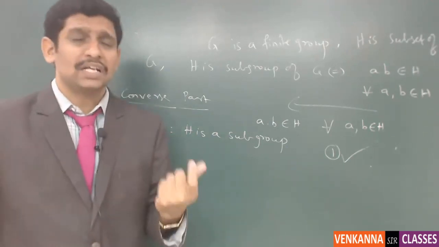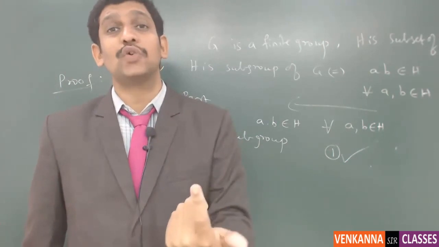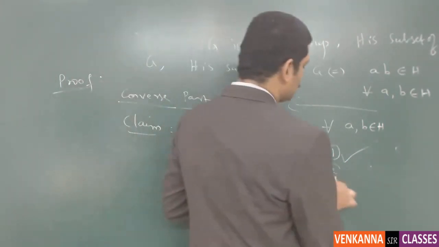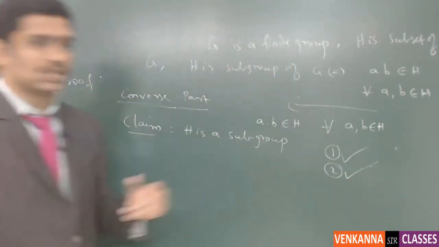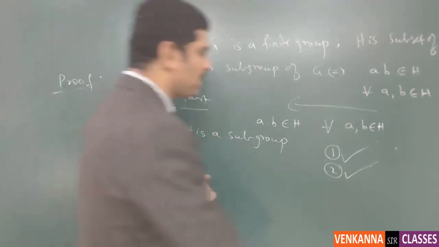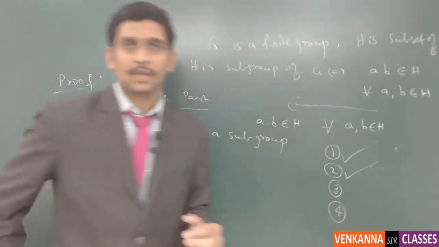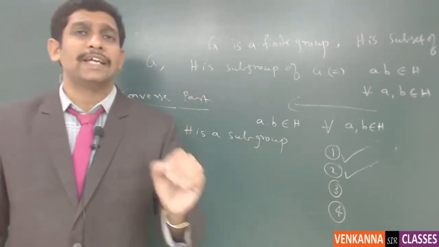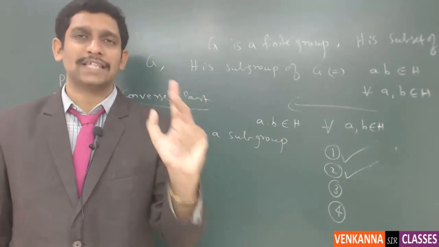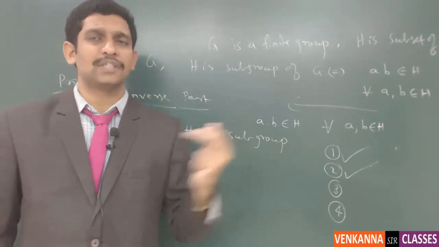So H I have taken with the first condition. I already mentioned that whenever closure law satisfies, always associative law gets satisfied. So there is no need to verify associative law. It by default holds. So there are two conditions remaining with me, that third and fourth. I have to show that H has identity. I have to show that H has inverse. If I prove these two conditions, then H will become a subgroup.